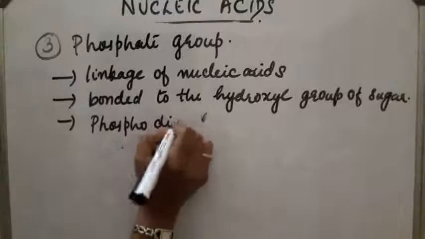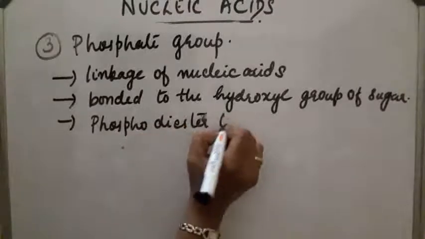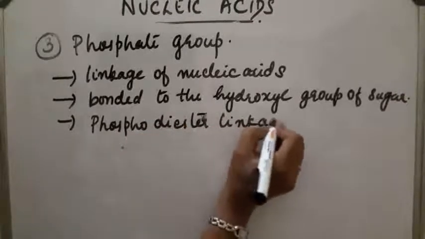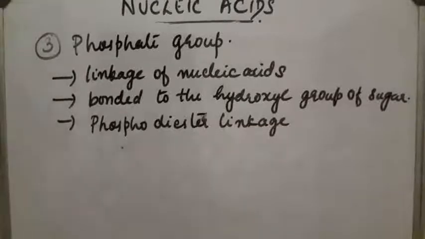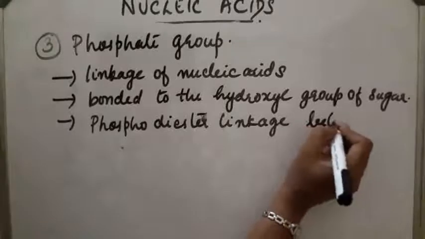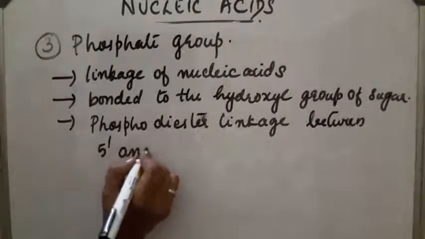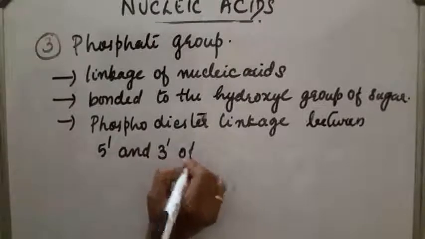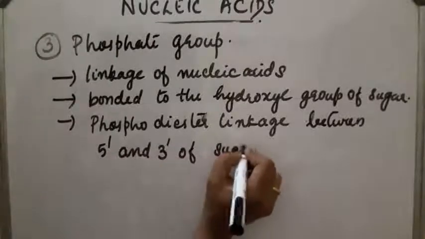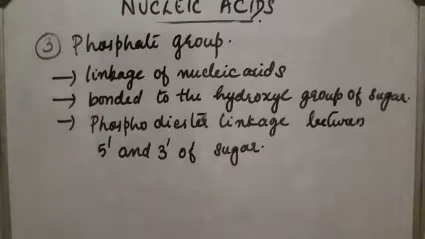Phosphodiester linkage is the linkage present in nucleic acid. This phosphodiester linkage takes place between the 5th carbon and 3rd carbon of the pentose sugar.